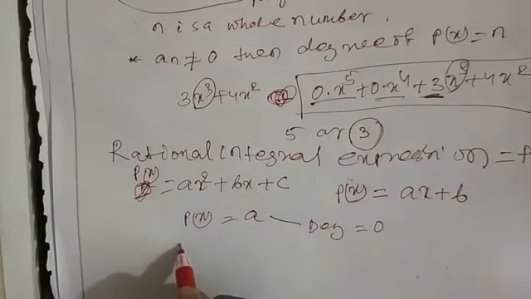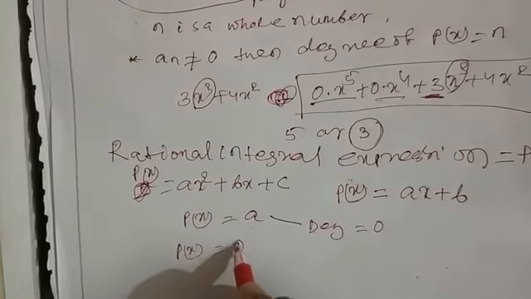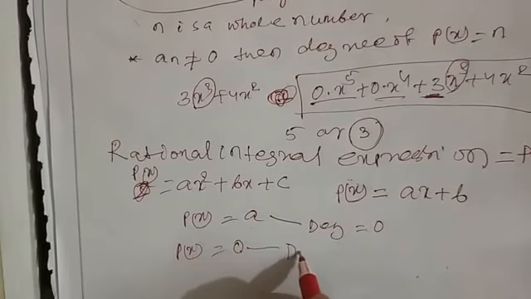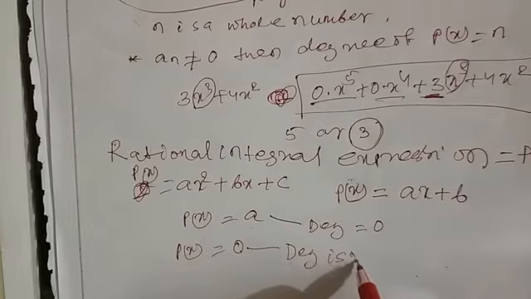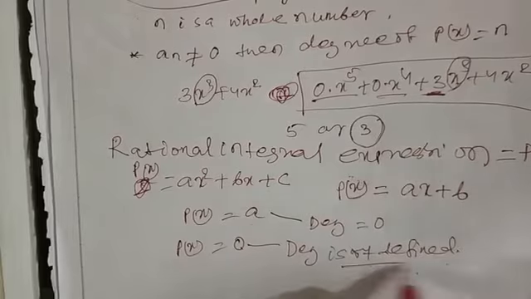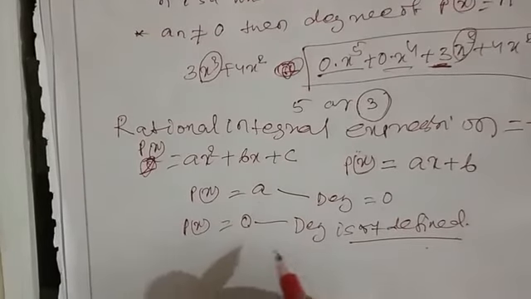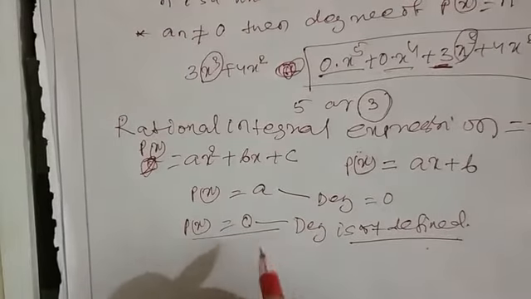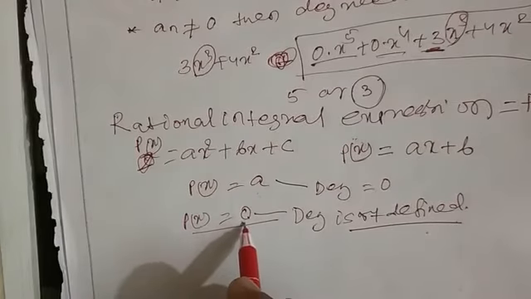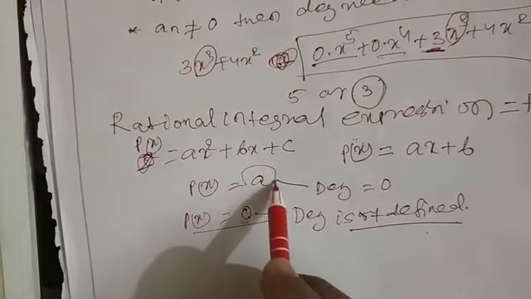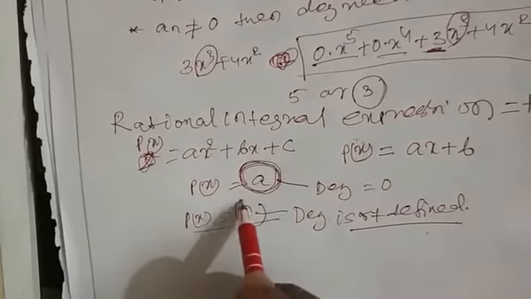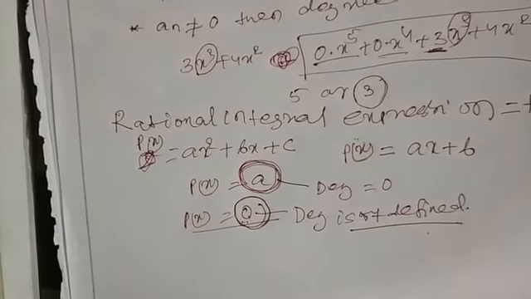What is a zero polynomial? p(x) = 0. Simply 0 is the zero polynomial. What about its degree? It is not defined, or arbitrary degree. So generally we say the degree is not defined for a zero polynomial. So a constant polynomial is a zero degree polynomial, but 0 is the zero polynomial.